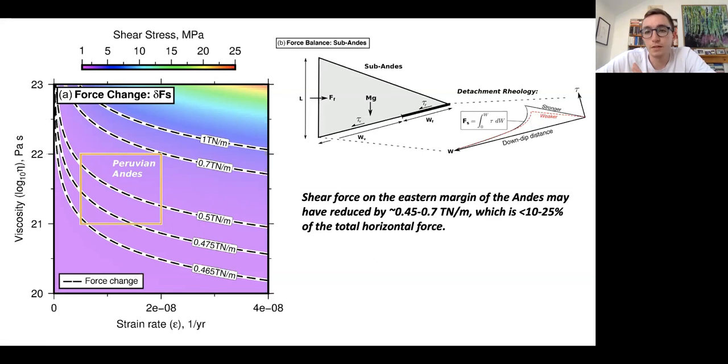So the implications of this work are that really subtle changes in the material properties, and particularly the integrated strength of faults along the margins of the mountain range, might lead to perturbations in the deformation state of the interior of the mountain range. These might be quite small, but we can use the coupling between the two to place constraints on the time evolution of dynamics, potentially in continental mountain ranges.